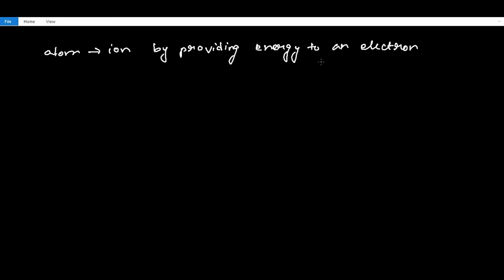By providing energy to an electron, we actually raise the energy of the electron. And as we raise the energy of the electron, it comes out. We can pull it out from the area of influence of the nucleus. So the process of conversion of an atom to an ion by providing energy to an electron is called ionization.